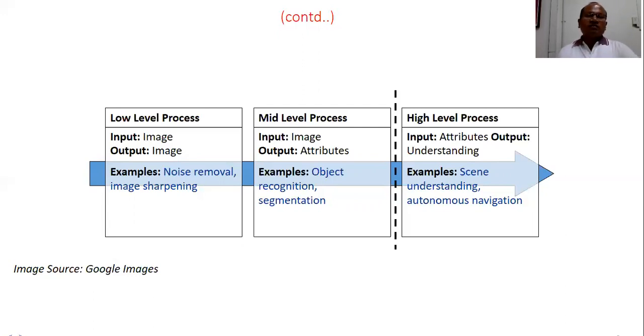See the second one, that is mid-level processing, where input is image, output is attributes. For example, object recognition, segmentation. Every mobile phone, now a smartphone, has biometrics. We just put our fingerprint, finger impression, and then it is recorded. It is authenticated. What is this? This is object recognition.